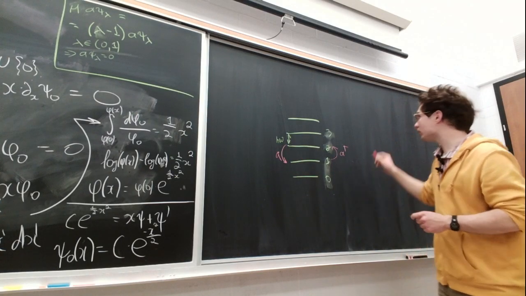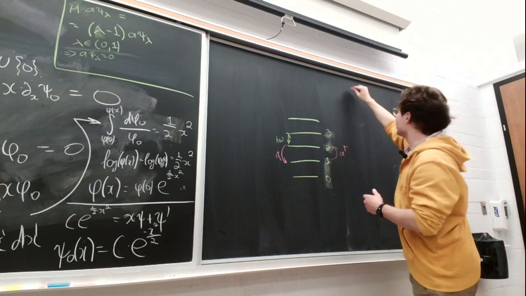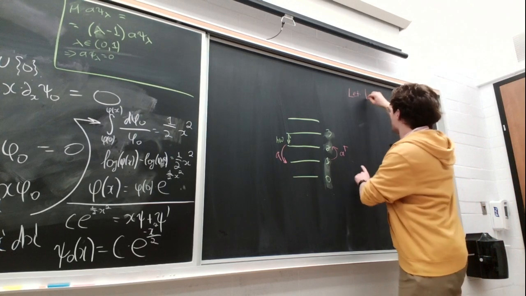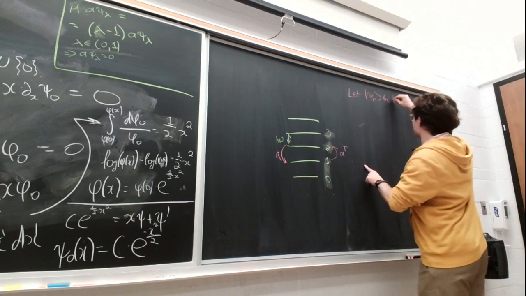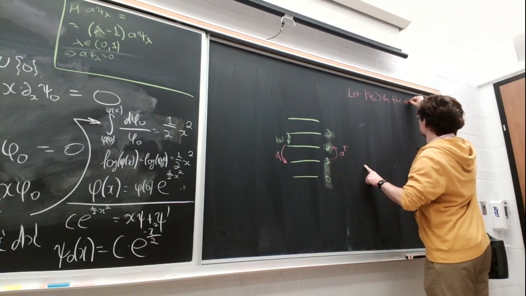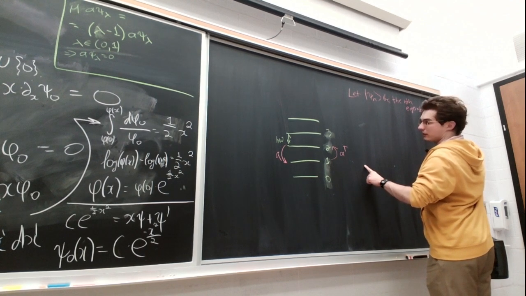Now, one thing to note. Final comment, you should write this down. Let psi n be the normalized nth eigenstate.